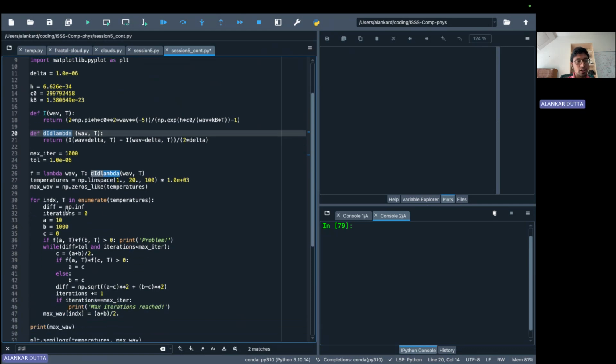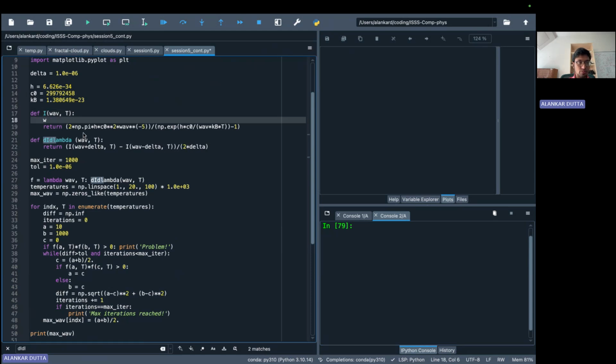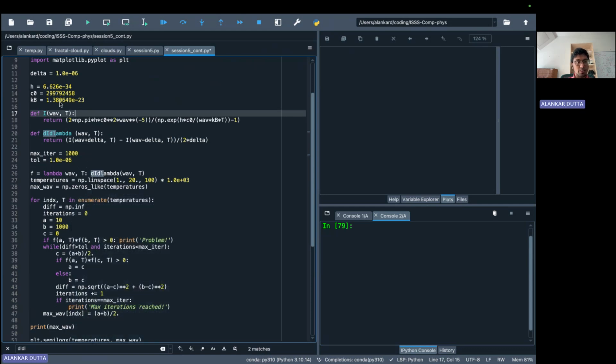Okay, so we'll start in here. Count the number of iterations. A is 10 and B is 1000. So that's like two wavelengths. While dealing with wavelengths, let's say we take the wavelengths in nanometers. Before passing this, we have to convert to nanometers, right?